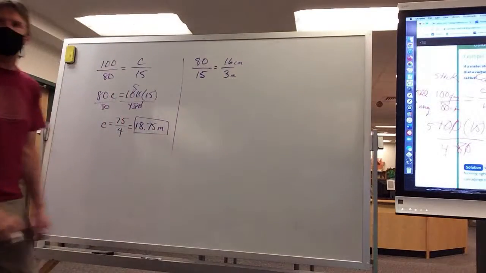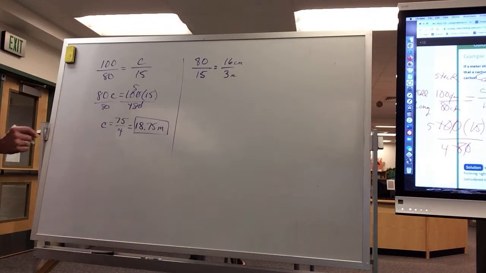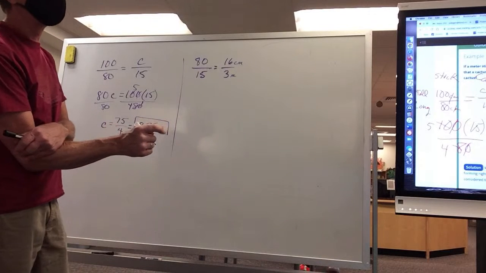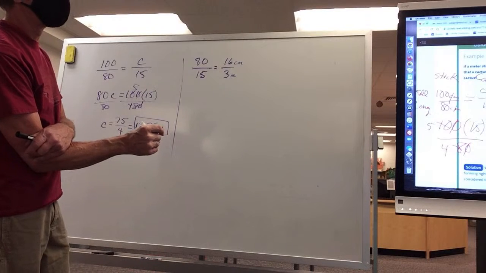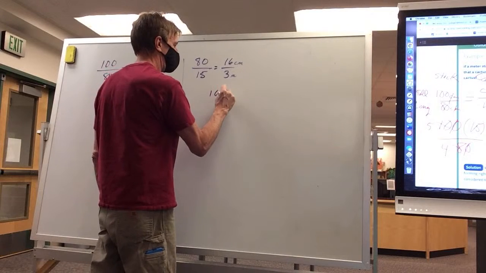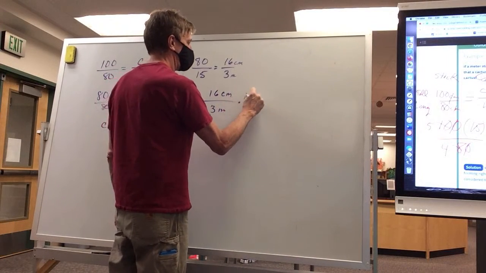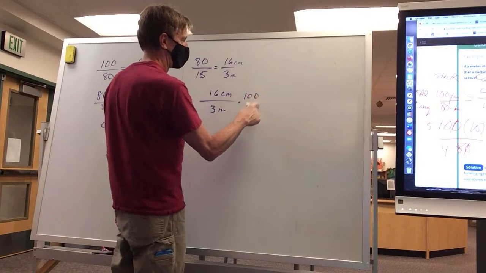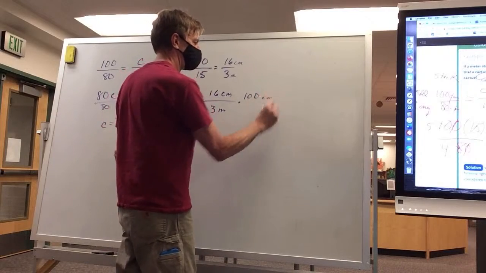So 16 centimeters results in 3 meters. Yeah. So then if you took that and multiplied it by 100, that's in centimeters, isn't it?